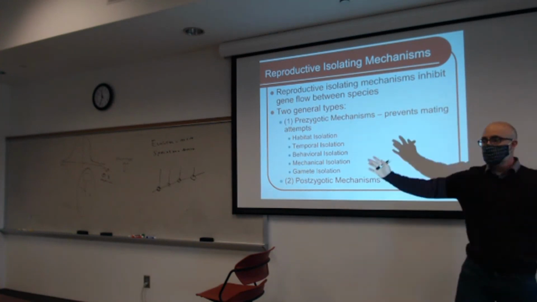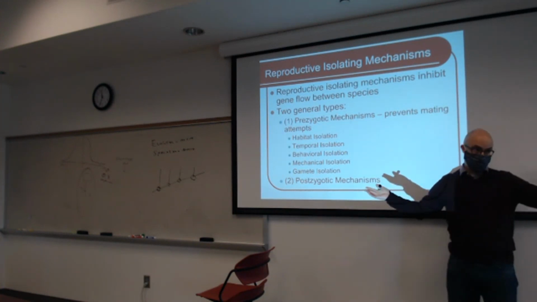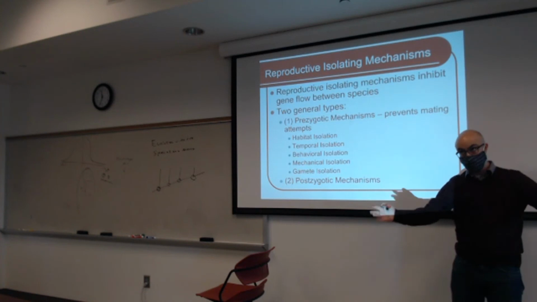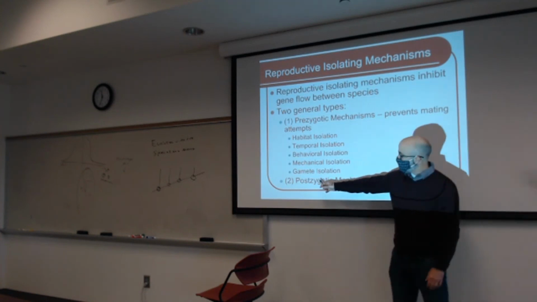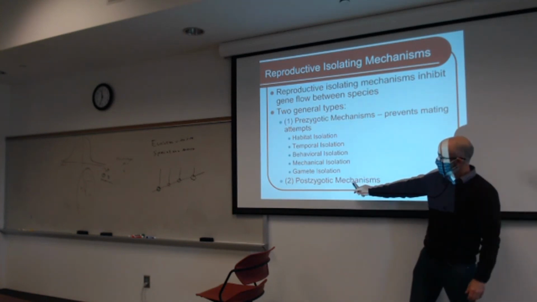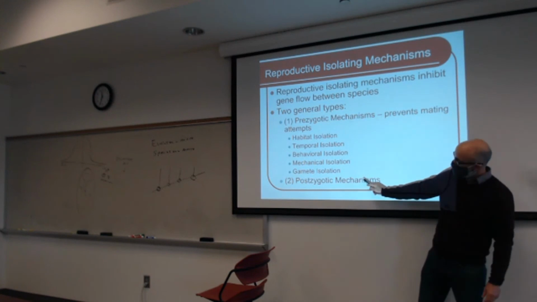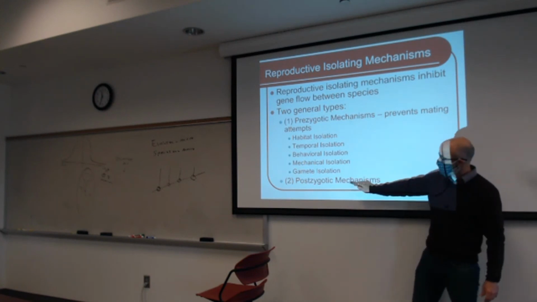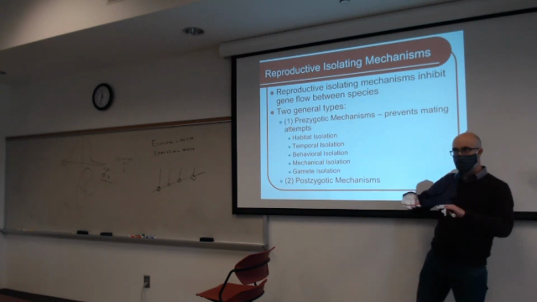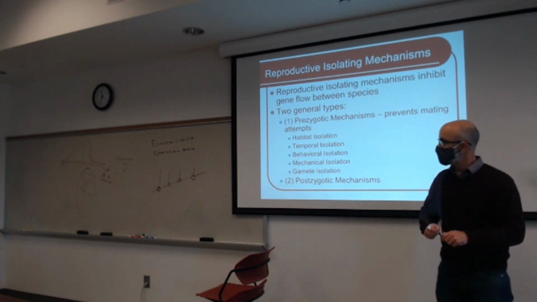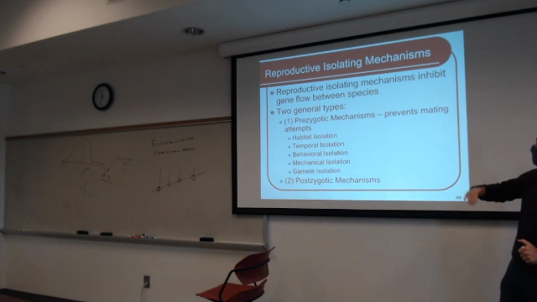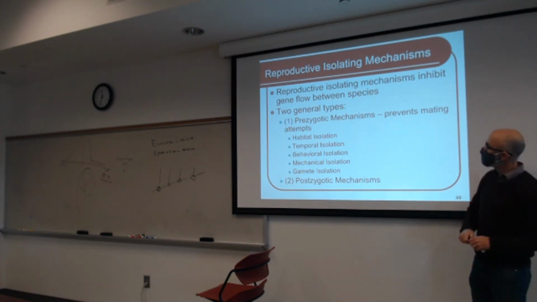Okay. So if these two groups don't ever mate, they will remain reproductively isolated. And then we're going to talk about a couple of things. Even after two individuals mate, these mechanisms can keep them from being reproductively compatible. Okay, so pre-zygotic, post-zygotic.